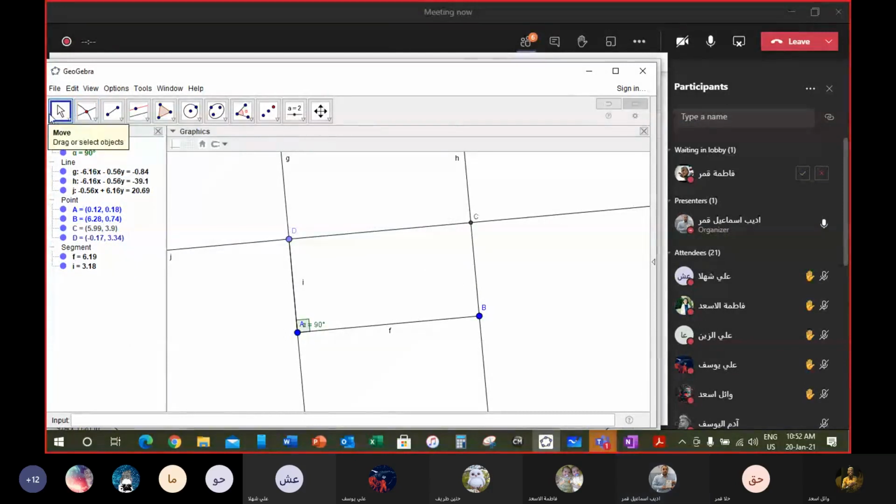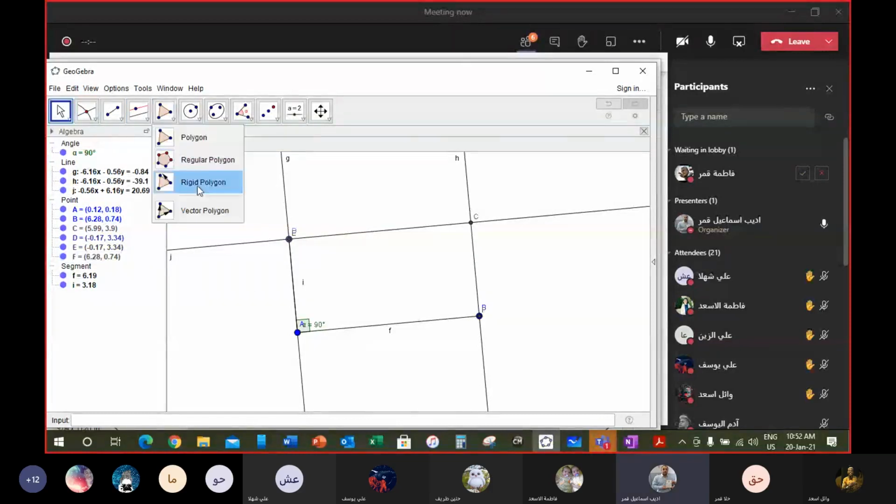Okay. نرجع نرسم polygon ABCD which is a rectangle.